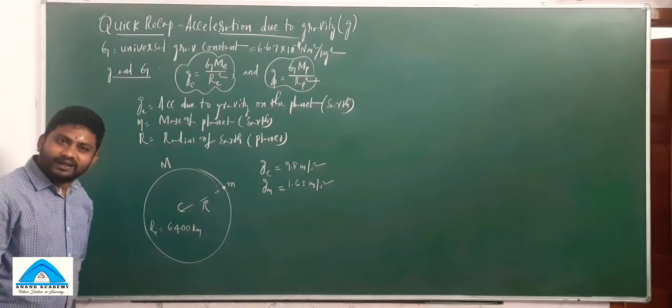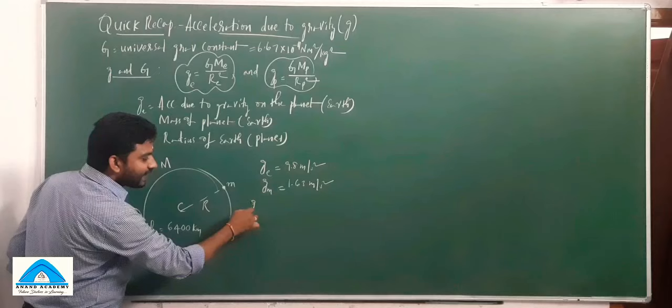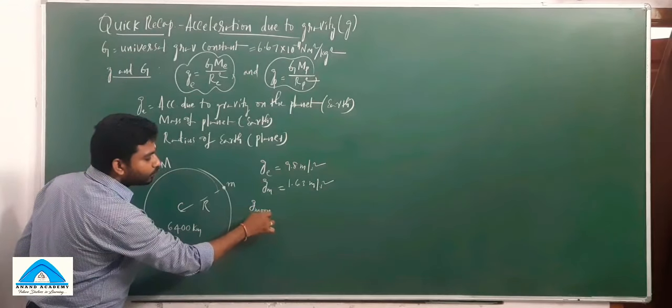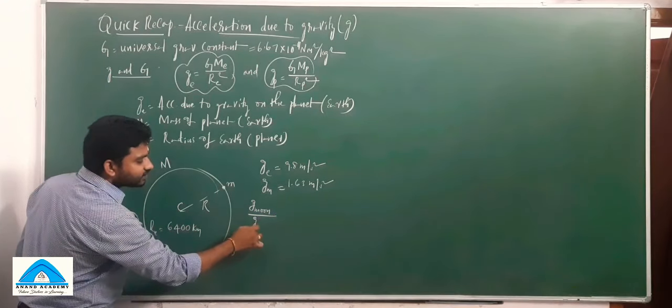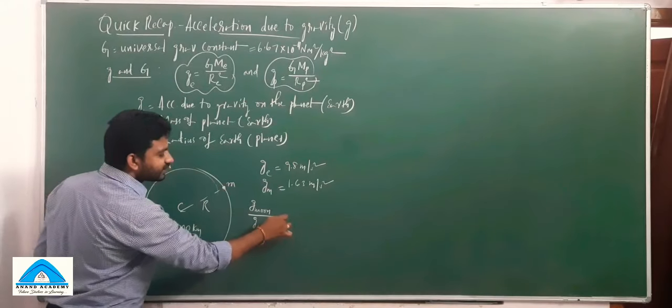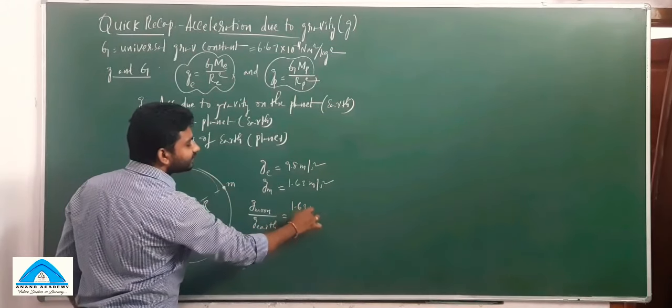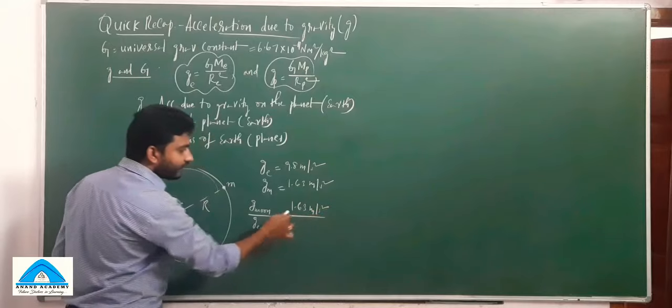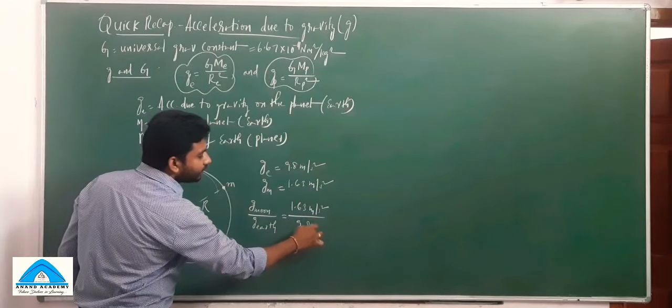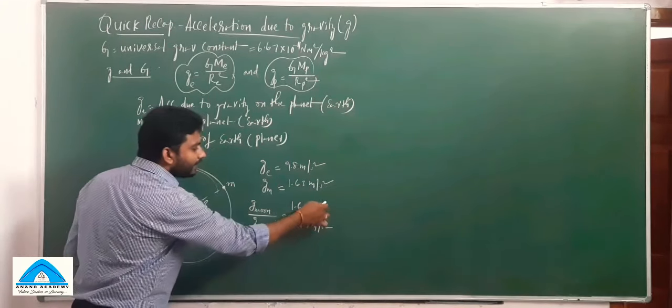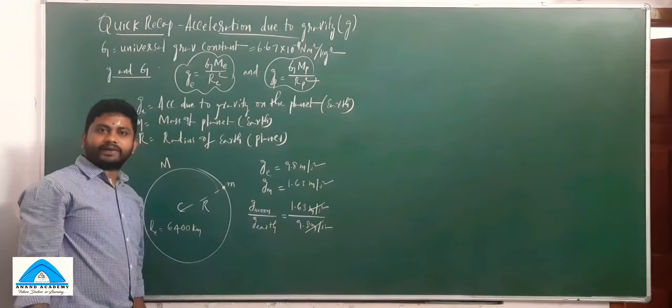Okay, clear? So from here, if I write acceleration due to gravity on the moon surface by acceleration due to gravity on the earth surface, it is equal to 1.63 meter per second square divided by 9.8 meter per second square. Meter per second square cancels here.